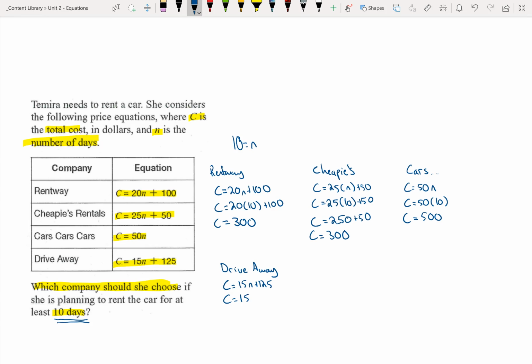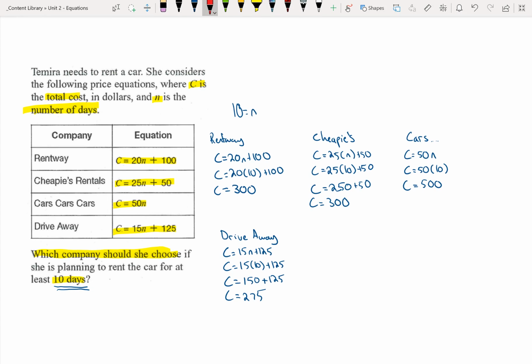C equals 15 times 10 plus 125. C equals 150 plus 125. C equals 275. So if I go back and look at all the equations, Rentaway is too expensive, Cheapies is too expensive, Cars is too expensive, but Drive Away is cheapest.